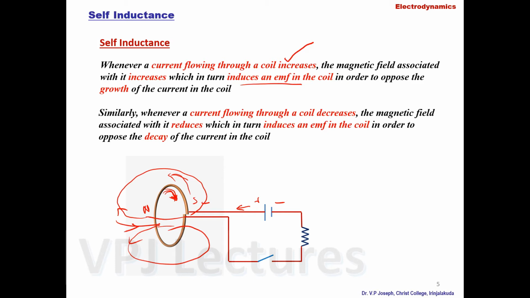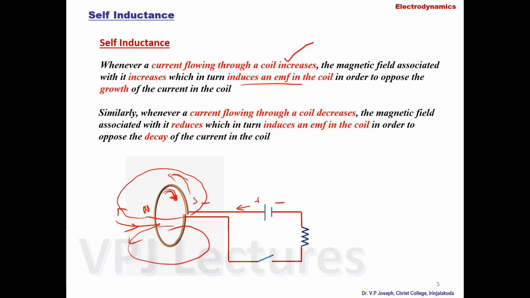So during the switching off process, we can see that the current suddenly decreases. That means the magnetic field associated with that coil is trying to decrease. That also is not allowed as far as the basic property of the coil is concerned.